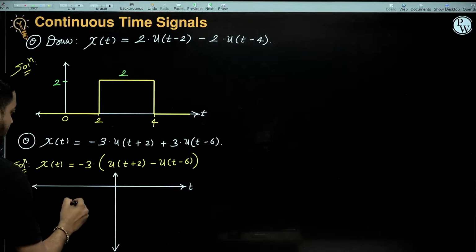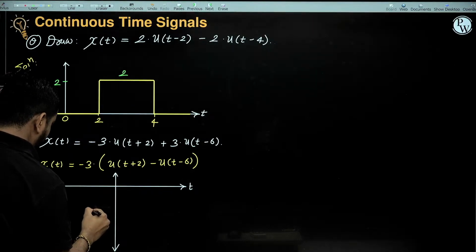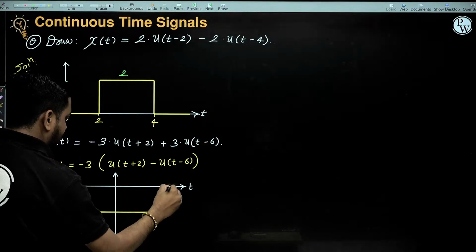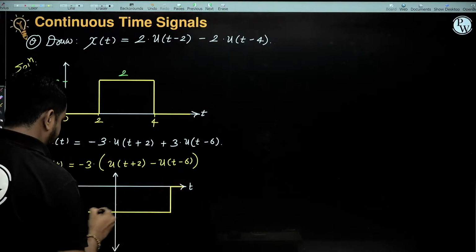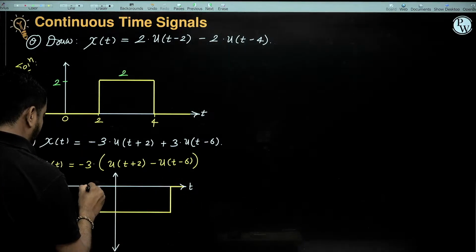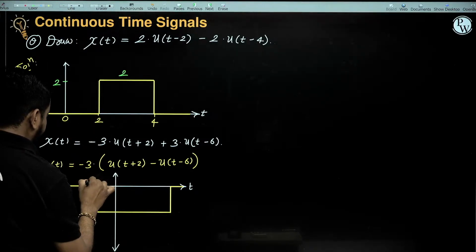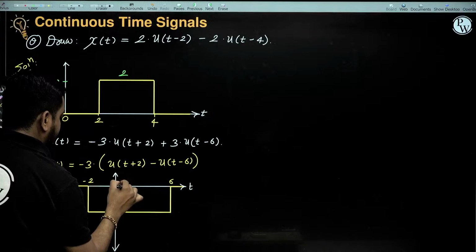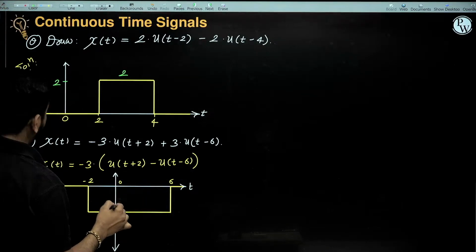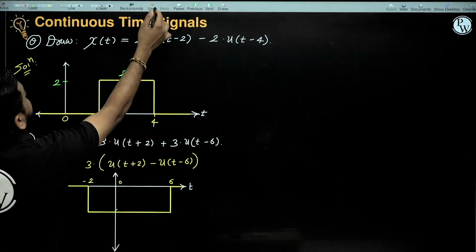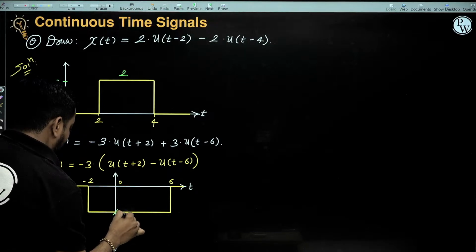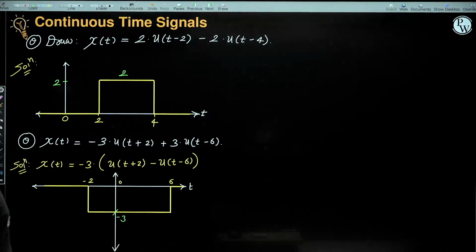So from minus 2 to plus 6, rectangle function, and amplitude is minus 3. Correct?